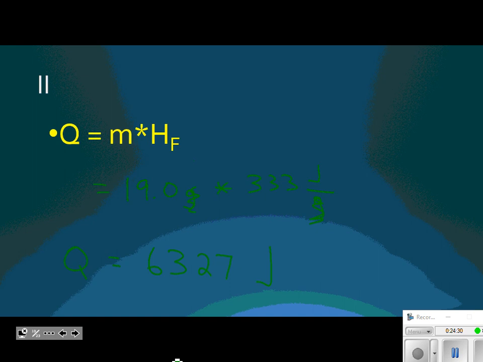Now my third area, that area is where we have the liquid. So my mass, once again, is going to be 19.0 grams. My C of the liquid, where am I going to get C of the liquid?